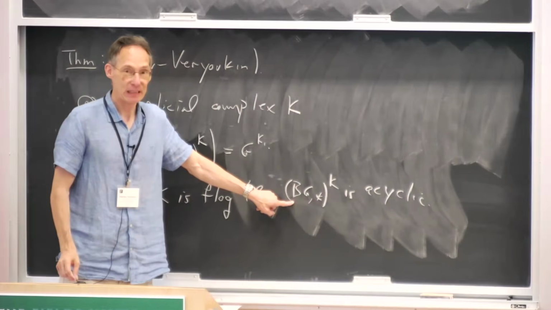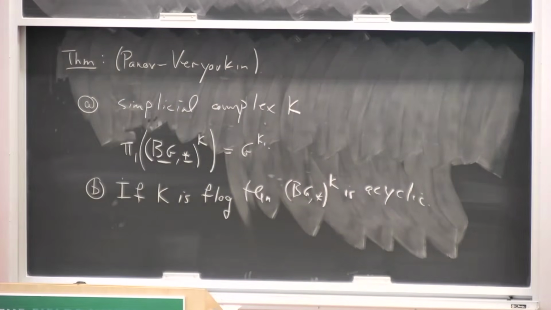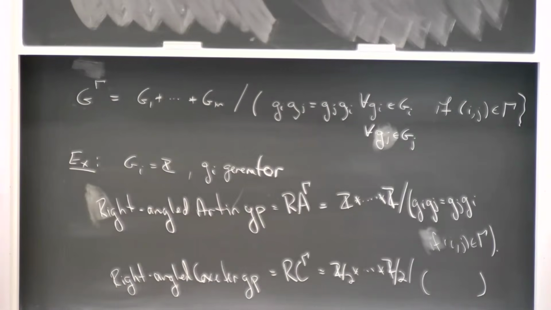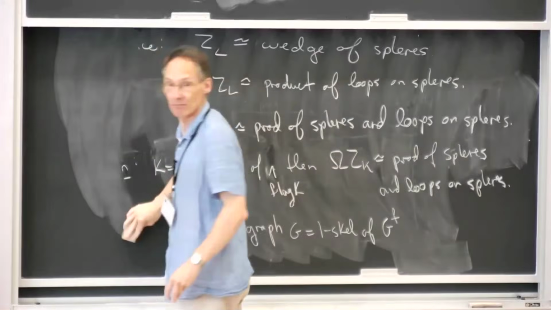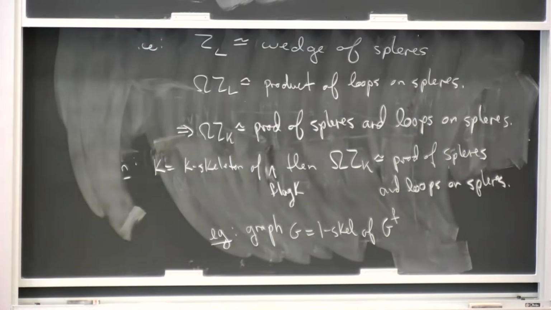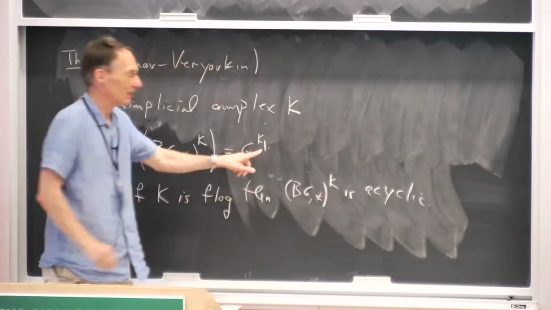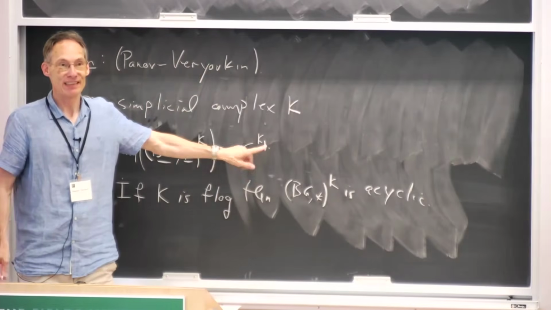So it's an Eilenberg-MacLane space. There's a question. What is G to the K? This is a G to the K1. Take the one skeleton of K. Yeah, okay.